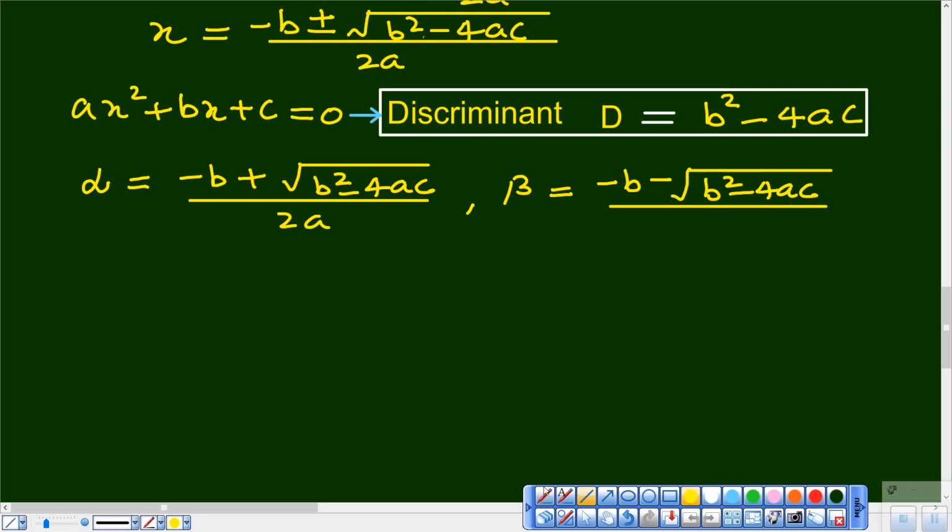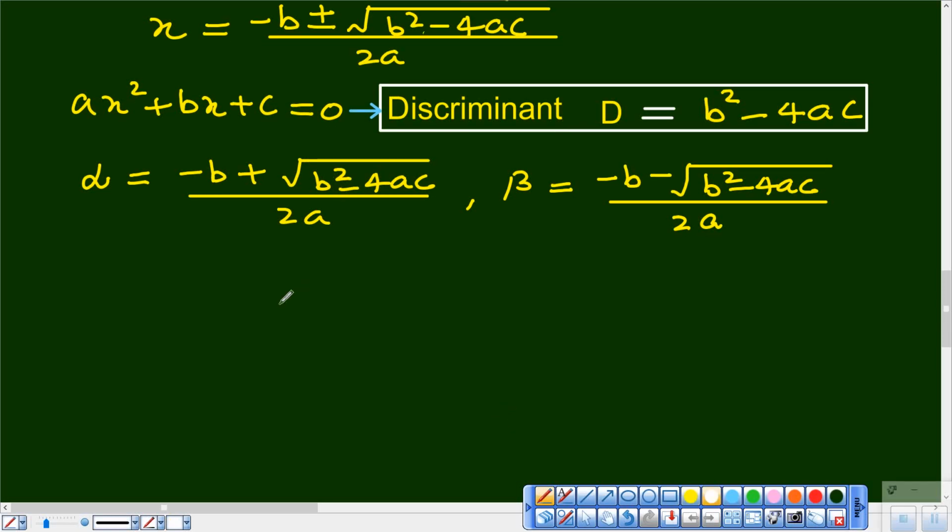So these are the two roots, one denoted by alpha, one denoted by beta. And remember that b square minus 4ac is the discriminant, which is a very fundamental quantity in the quadratic equation, which will decide the nature of the roots. What kind of roots the equation has.